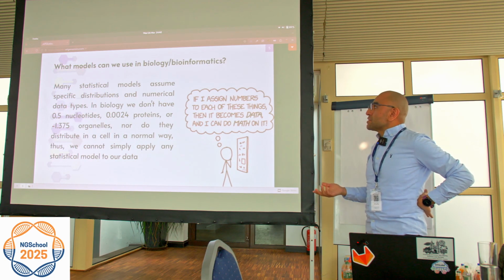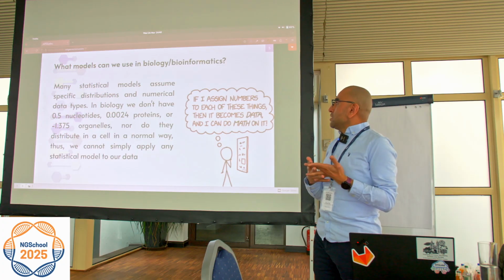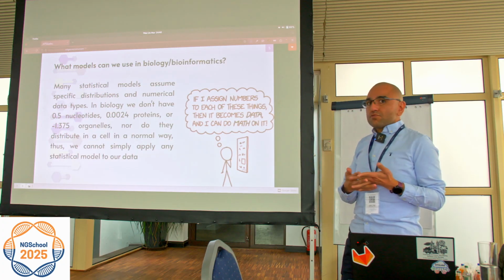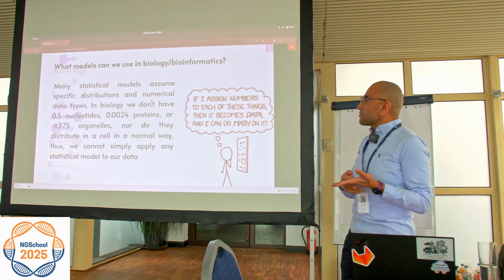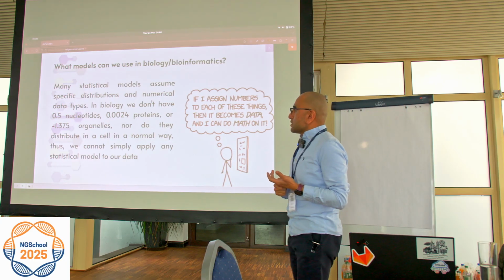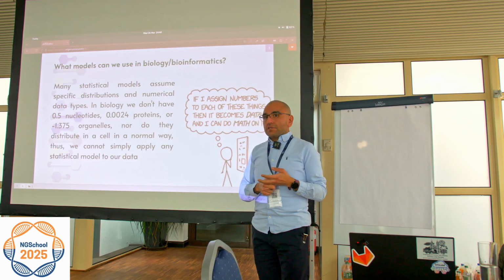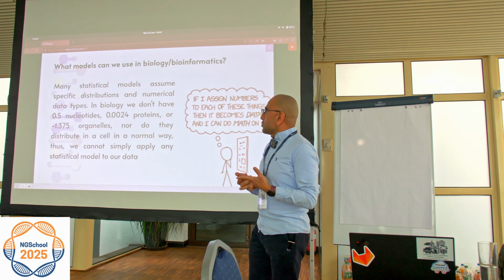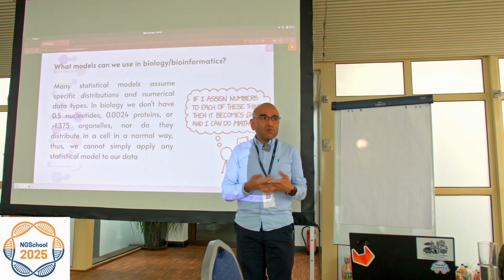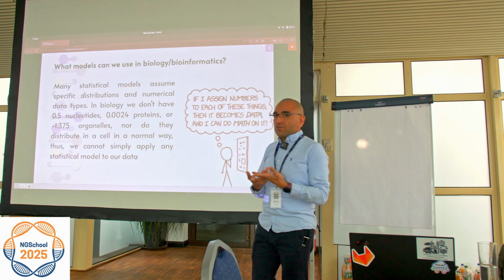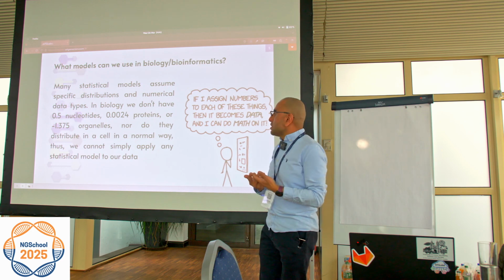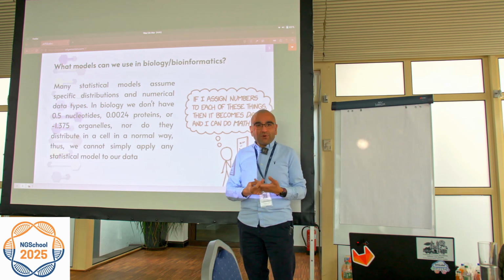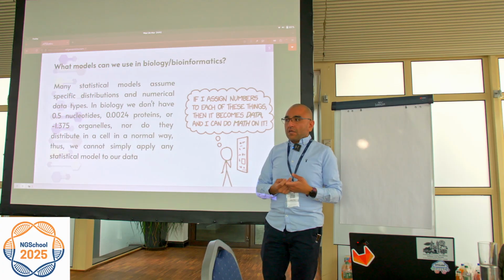However, many statistical models assume specific distributions for any sort of data and specific numerical data types. This is something that I really wanted to fully grasp. In biology, we don't have 0.5 nucleotides, nor do we have 0.0024 proteins, or minus 1.37 organelles.